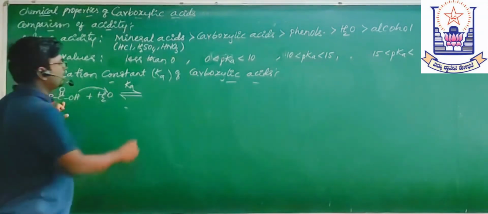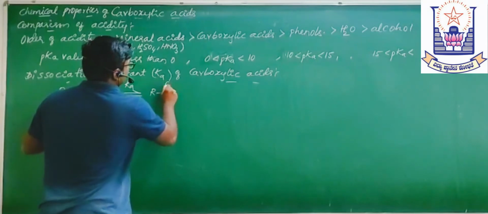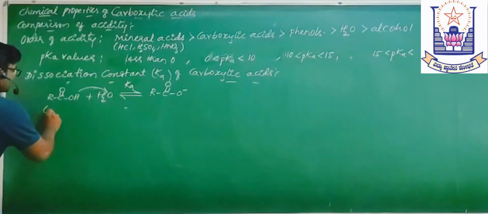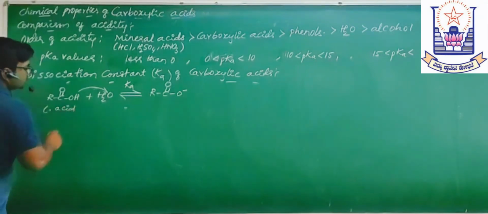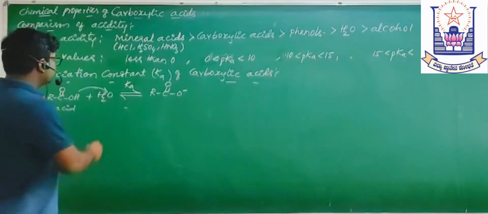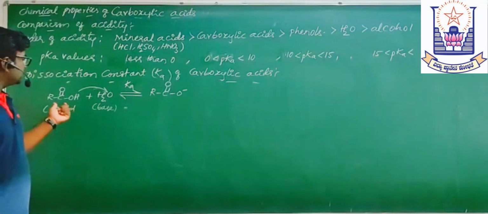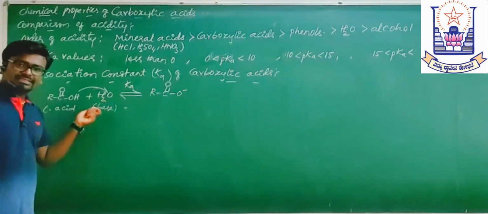So it becomes a carboxylate ion, RCOO minus. Here water is acting as a base. What is the function of a base? It is a proton acceptor.